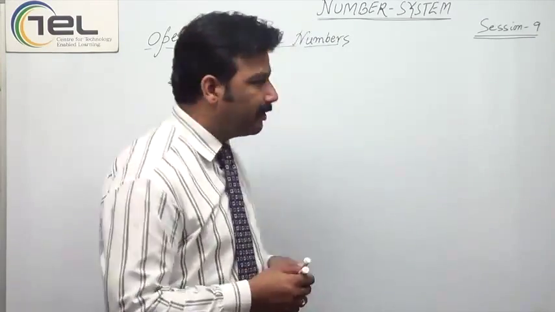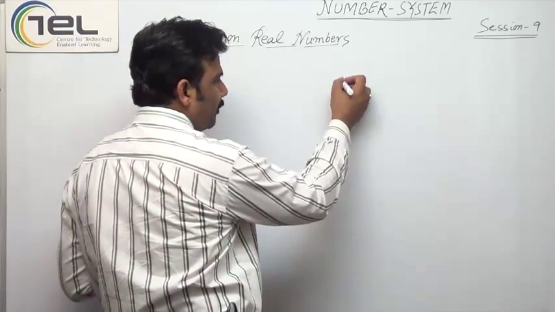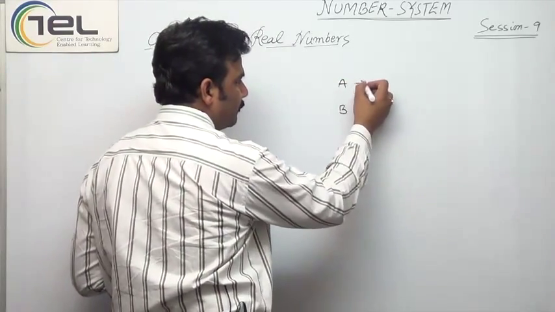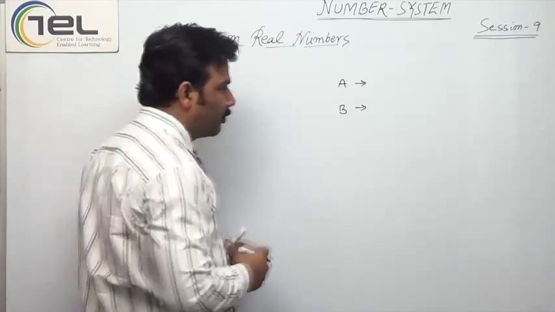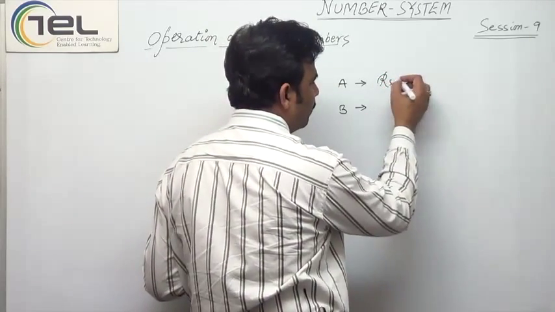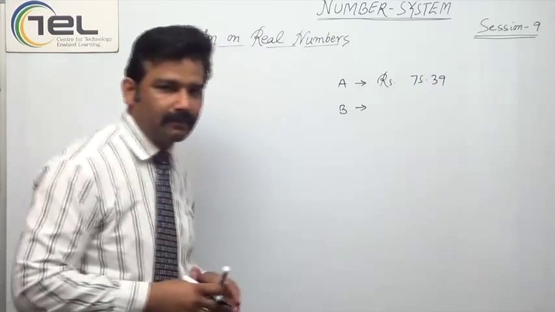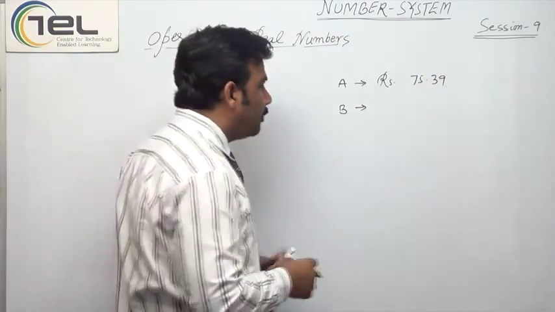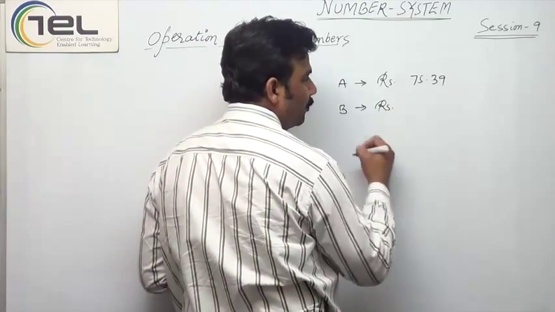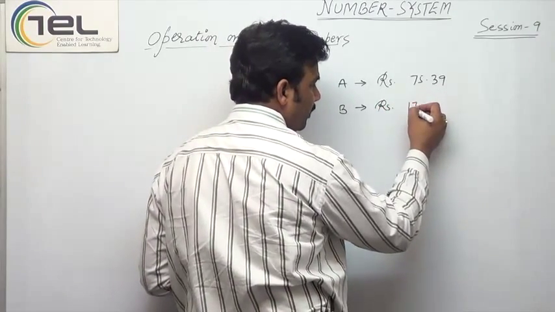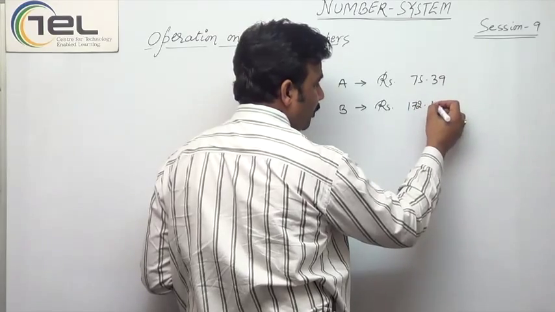Let's say you purchase two items A and B. You purchase item A, which costs rupees 75 and 39 paisa. You purchase an item B, which costs 172 rupees and 40 paisa.